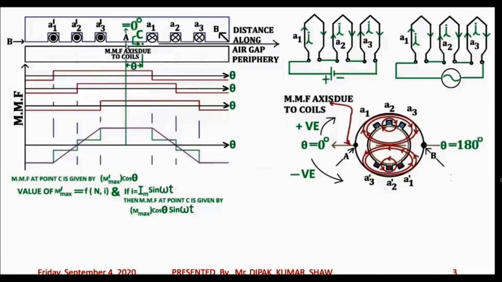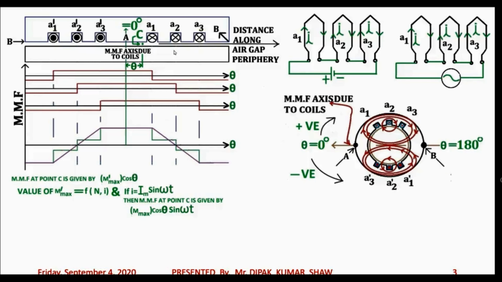If you move either to the right or to the left of this axis, you will find that the magnitude of the MMF gradually decreases, and obviously it will be zero at the point in front of slot A2, as well as at the point in front of slot A2 dash, because theta equals minus 90 degree at a point in front of slot A2 dash, and theta equals 90 degree at a point in front of slot A2.